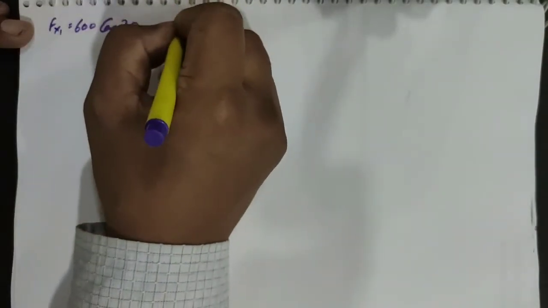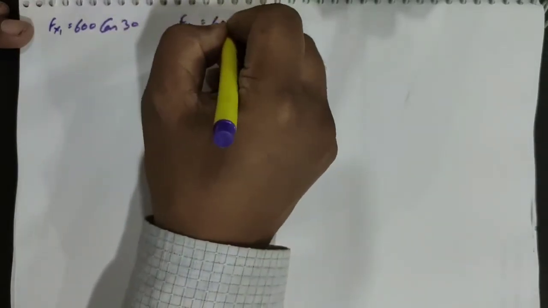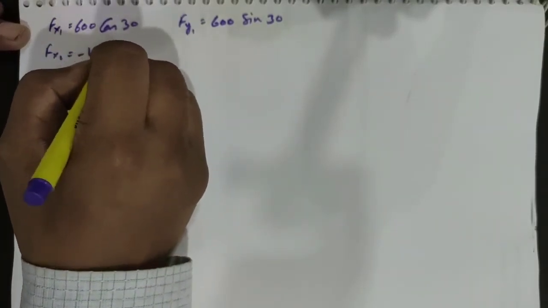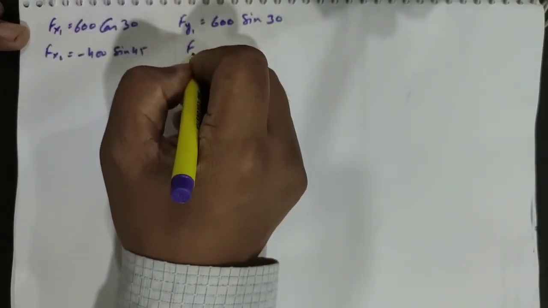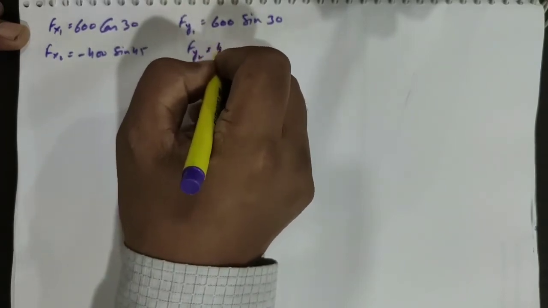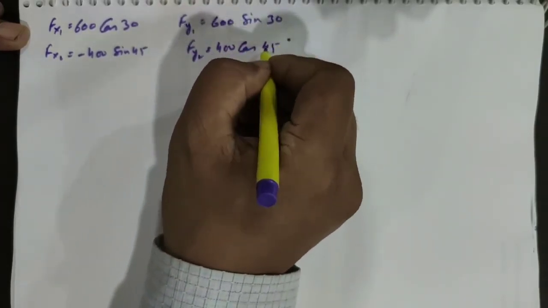So the components were fx1 is 600 cos 30, fy1 was 600 sin 30, fx2 was minus 400 sin 45, and fy2 was 400 cos 45.